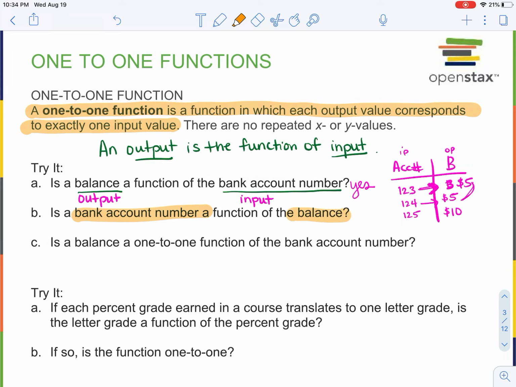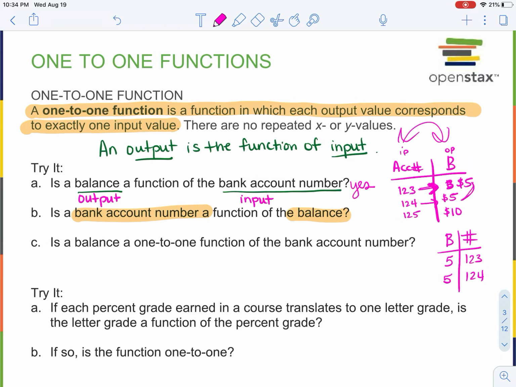Now, it also asks, is the bank account number a function of the balance? So this time we're going to reverse this. We're going to say balance and then account number. Well, in this case, let's say we have the 123 and the 124 accounts.